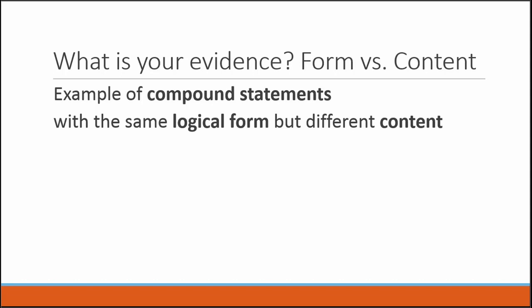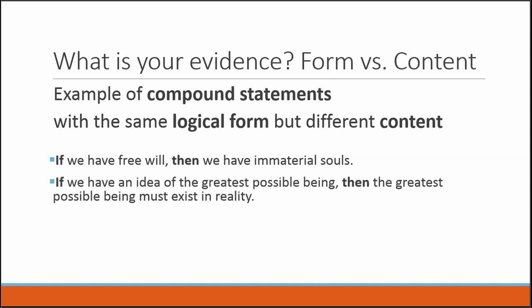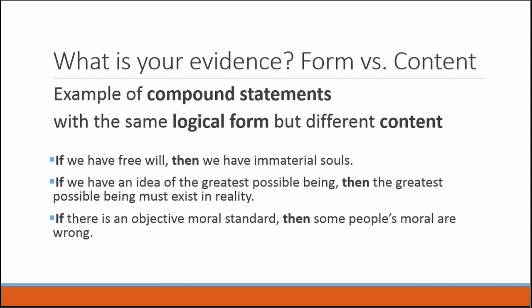If we have free will, then we have immaterial souls. If we have an idea of the greatest possible being, then the greatest possible being must exist in reality. If there is an objective moral standard, then some people's morals are wrong.